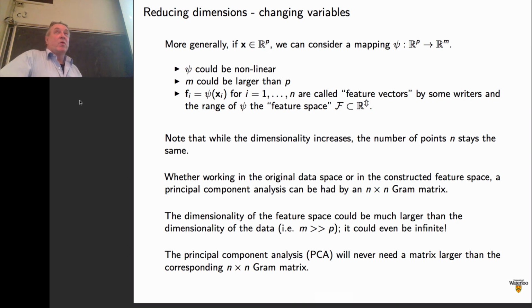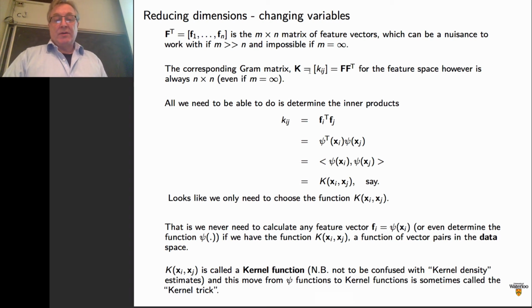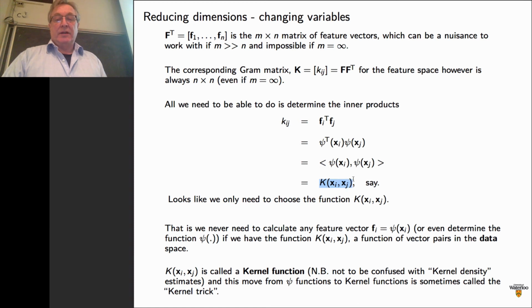And as we noticed before, the methods that we're using, principal component analysis, are based primarily on the inner products, looking at that Gram matrix. So all we need to have in the higher dimensional space is the Gram matrix, which is the value of the inner product at any particular pair of points. So if we have that, we're in business. And that's called the kernel function.